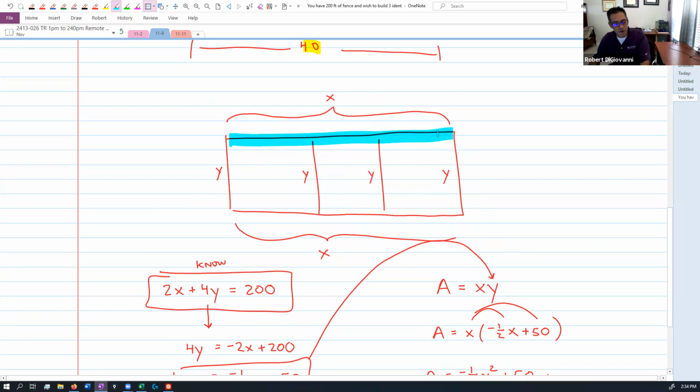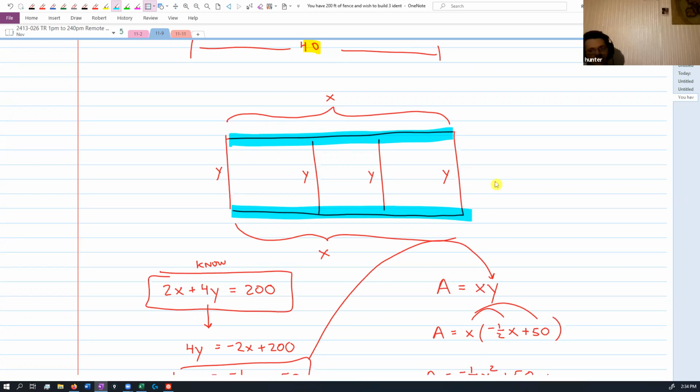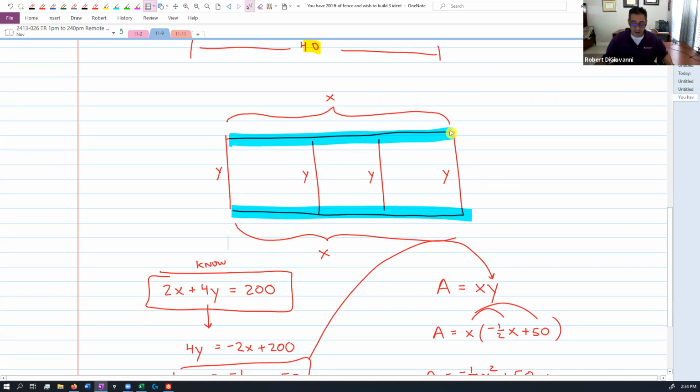I could lay out 100 feet of fence over here, then 100 feet over here, and then I'm at a fence, and I'm basically wasting my time, right? Because that would be the extreme, you never want to do that, but that's the biggest x would be, right? And then the smallest x would be what? x could be 0, right? If you just don't build this side of the fence or this side of the pen.